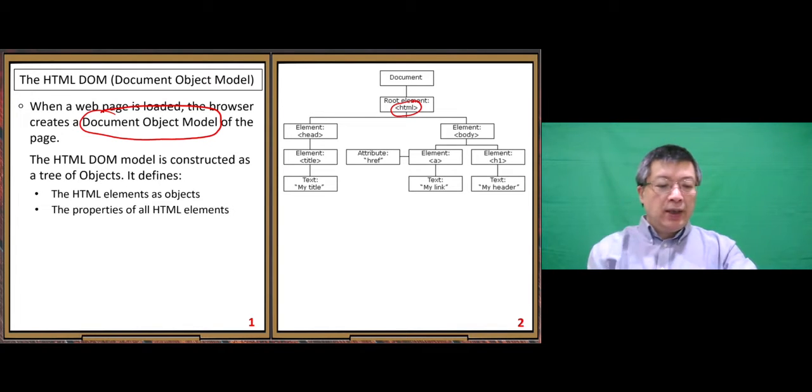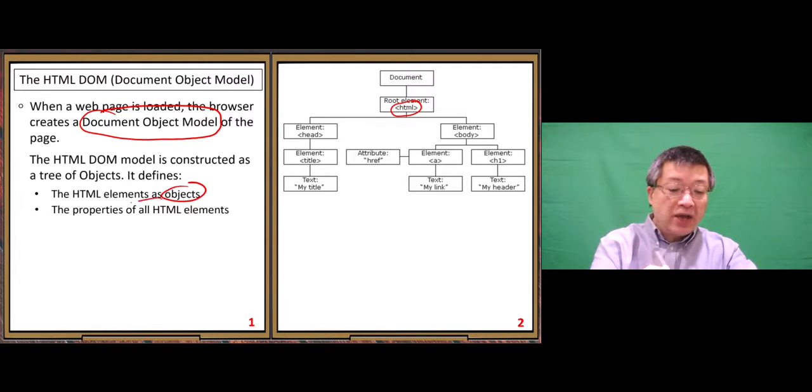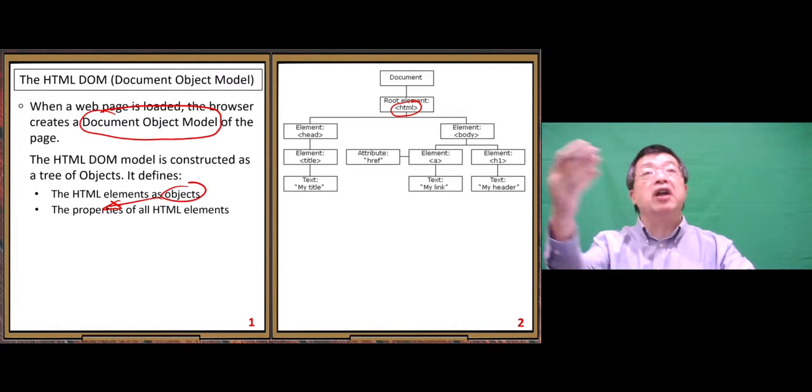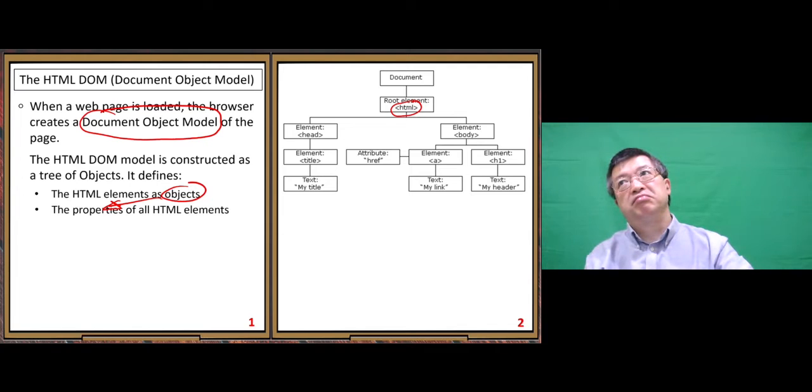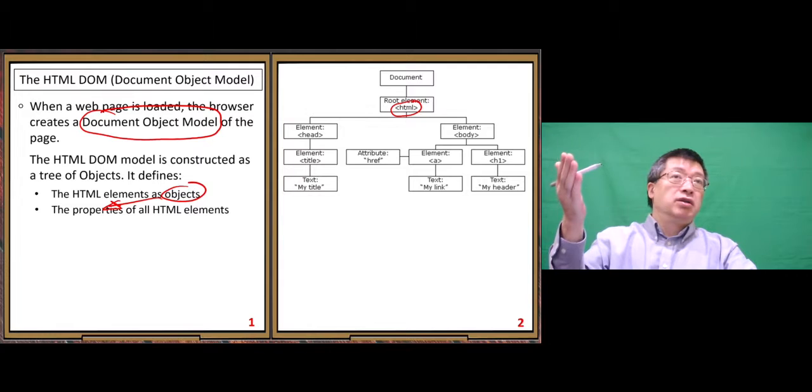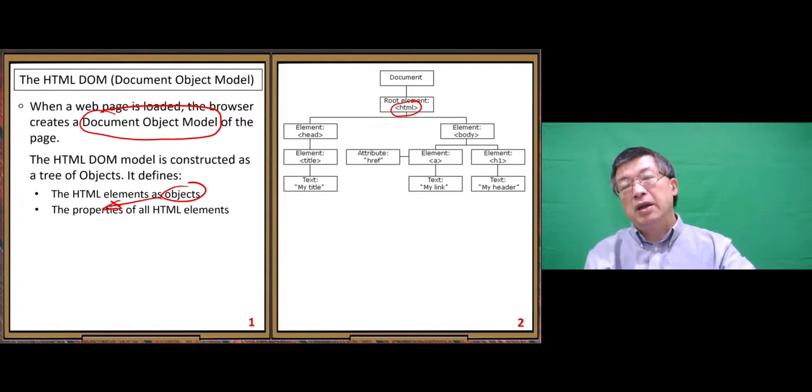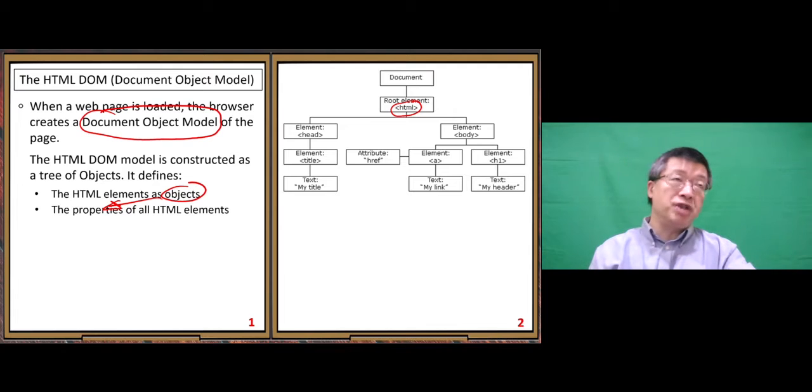All right. Properties of all HTML elements. After you have objects, you can access properties of the elements, various properties. What do you mean by properties? Let me give you a simple example. Let's consider the input element.